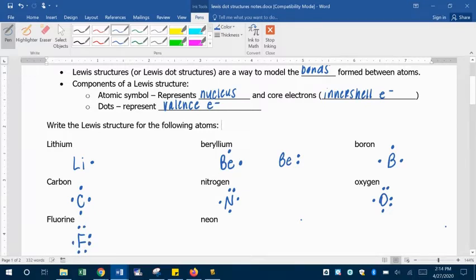And last but not least, we have our noble gas, neon. 1, 2, 3, 4, 5, 6, 7, 8. Now, if you look at neon, you might think, where do I even put a 9th one? And that's why a noble gas is considered a complete octet, because it already has a full outer shell.